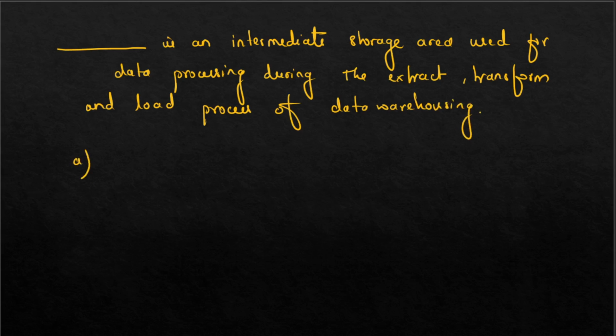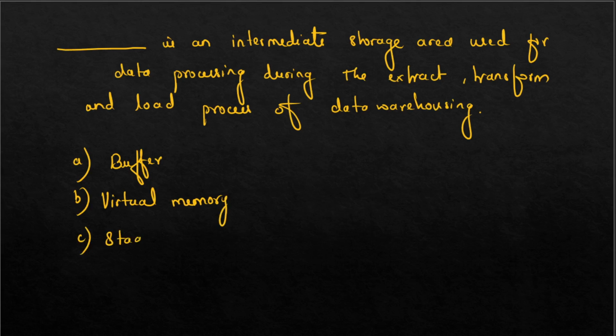First one is buffer, second one is virtual memory, C is staging area, D is inter storage area. So answer this, which is the correct option.